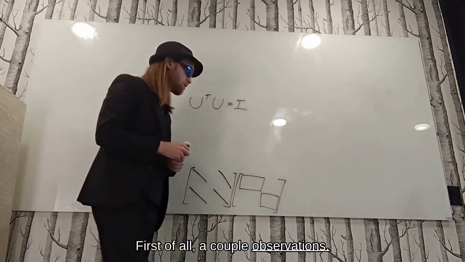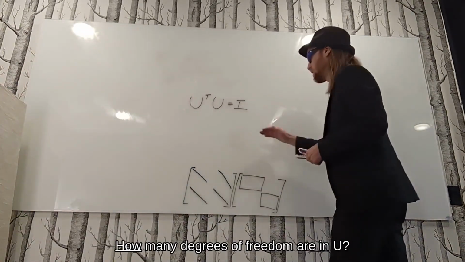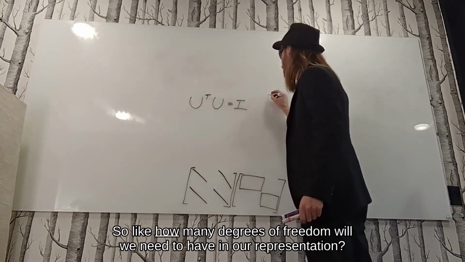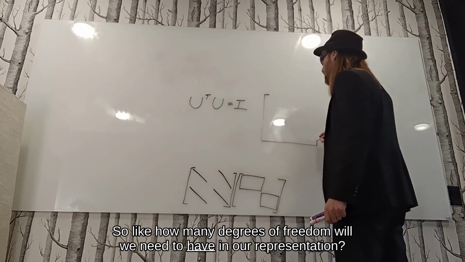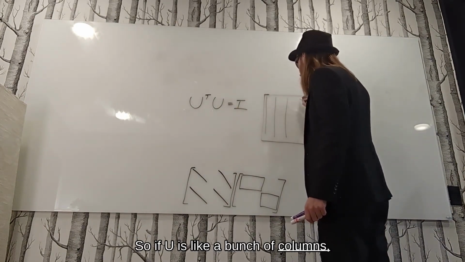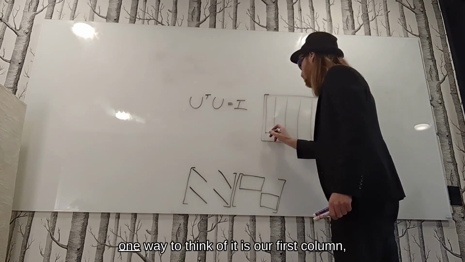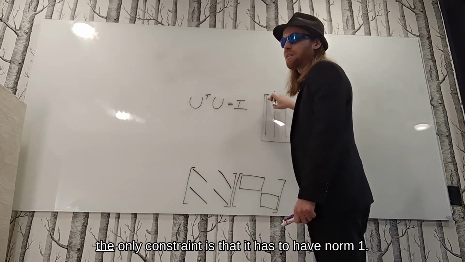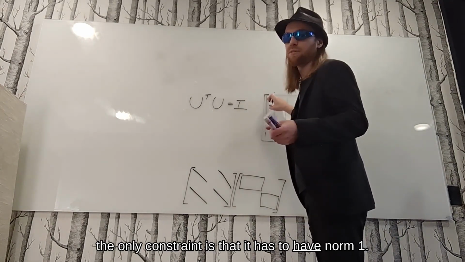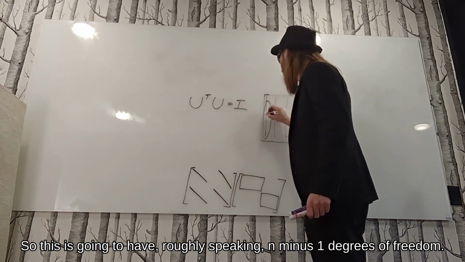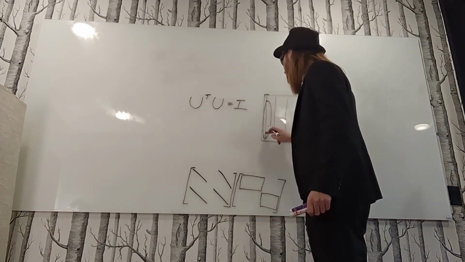First of all, a couple observations. How many degrees of freedom are in U? That's one thing we have to ask. So how many degrees of freedom will we need to have in our representation? If U is a bunch of columns, one way to think of it is our first column, the only constraint is that it has to have norm 1. So this is going to have, roughly speaking, n minus 1 degrees of freedom.